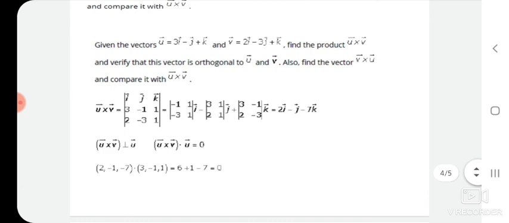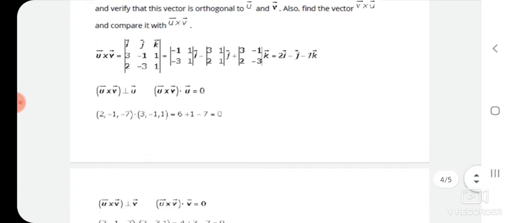Now the next, find the vector v cross u and compare with u cross v.